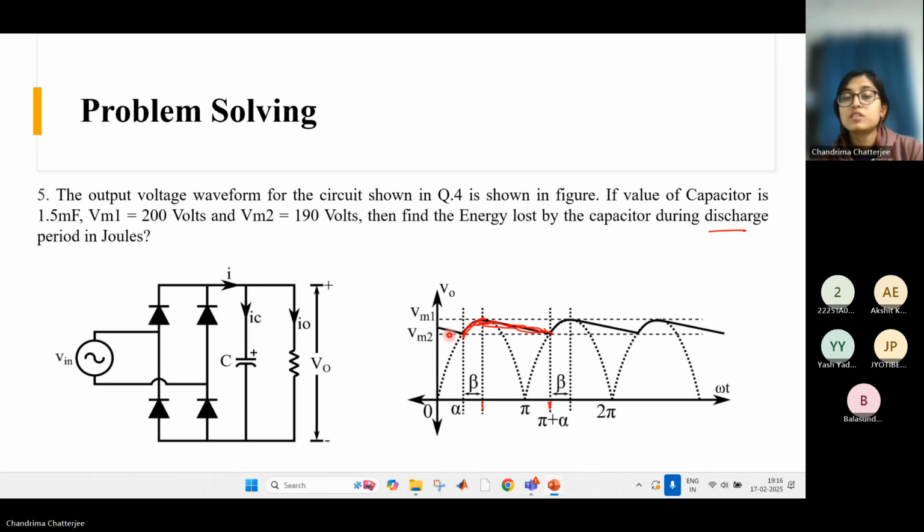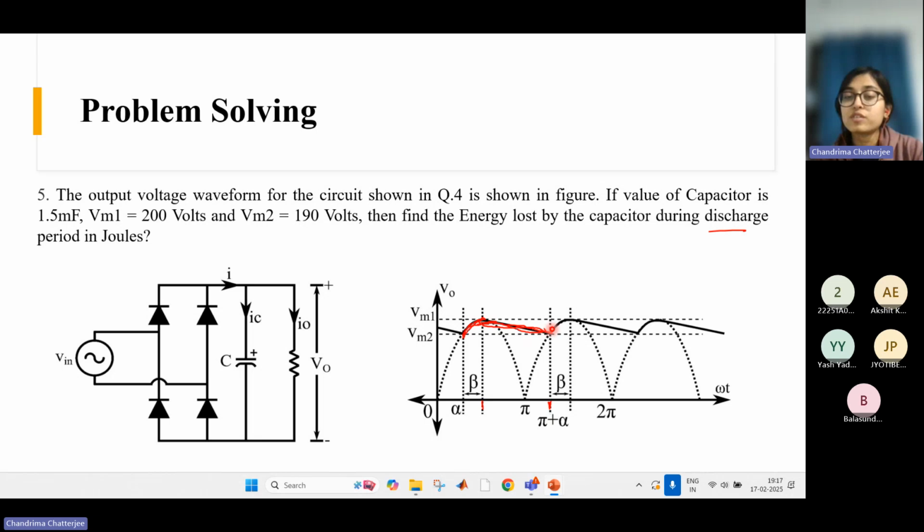Fine. So earlier you understood, right, how we are getting this kind of output voltage, because the capacitor is retaining some charge. Whenever the capacitor voltage falls below the supply voltage, it charges till it gets to the peak value of the supply voltage, and then it discharges, right?